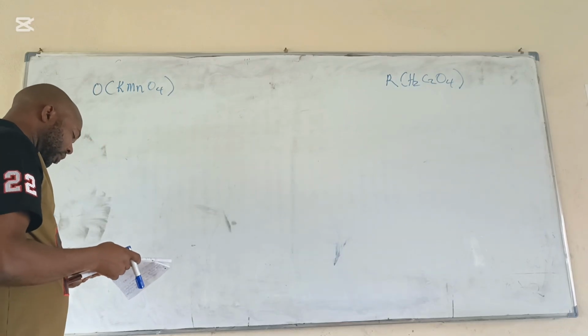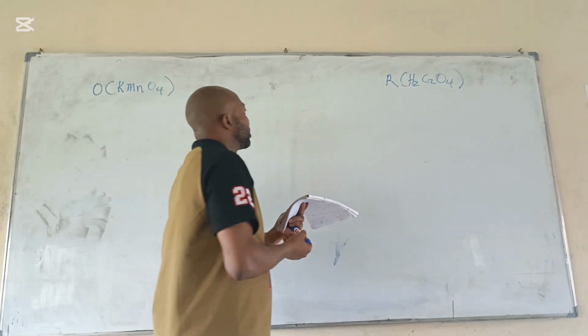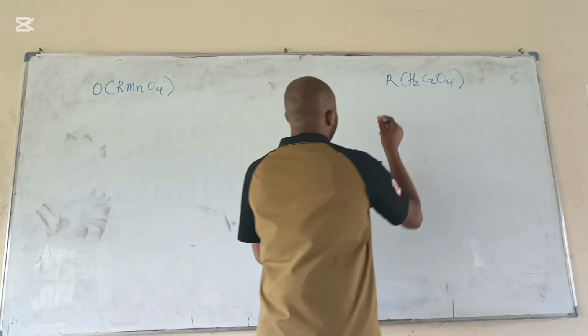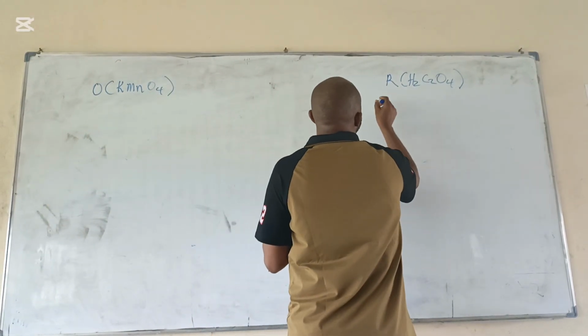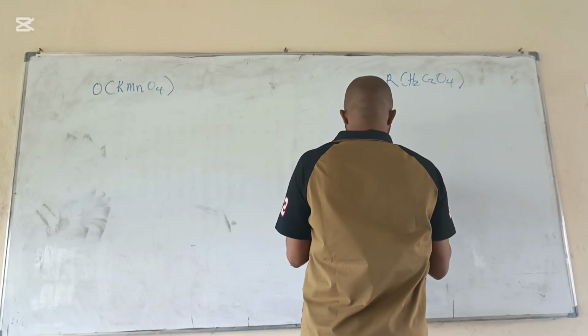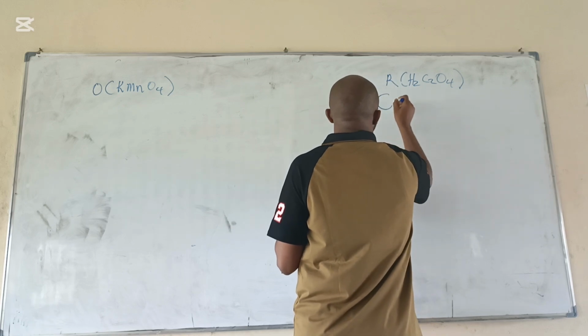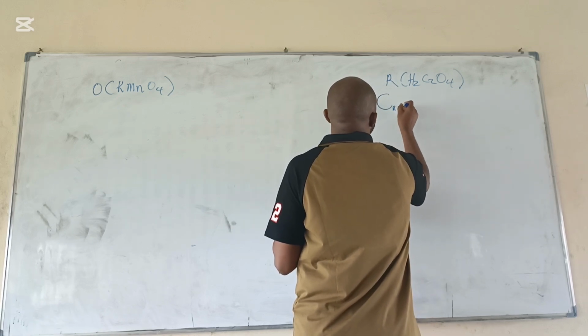Now, B is 0.02, the concentration of reducing agent.